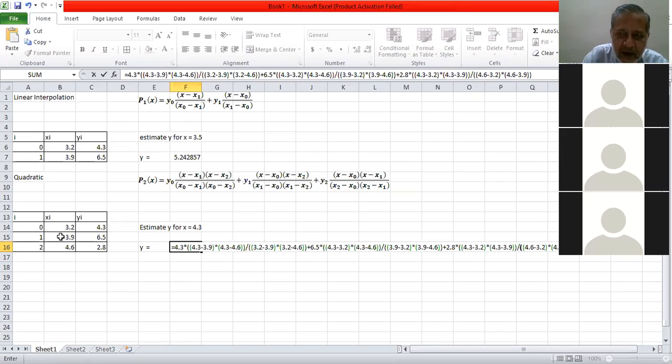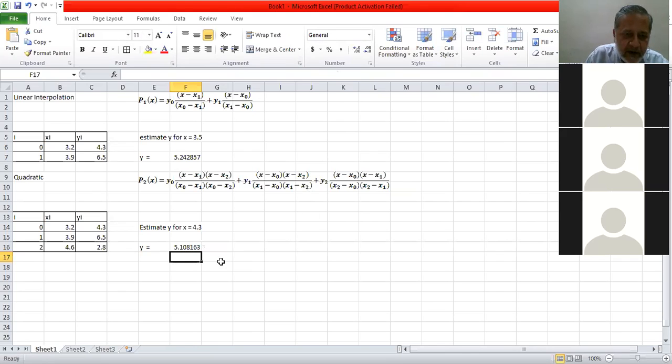The denominator is complete. And in fact, we have written down every value involved in the formula for P2(x), and let us see what's the result. The result is 5.108 for 4.3.